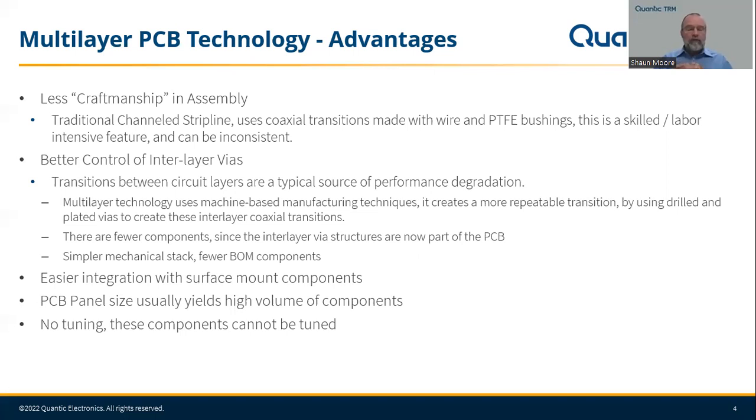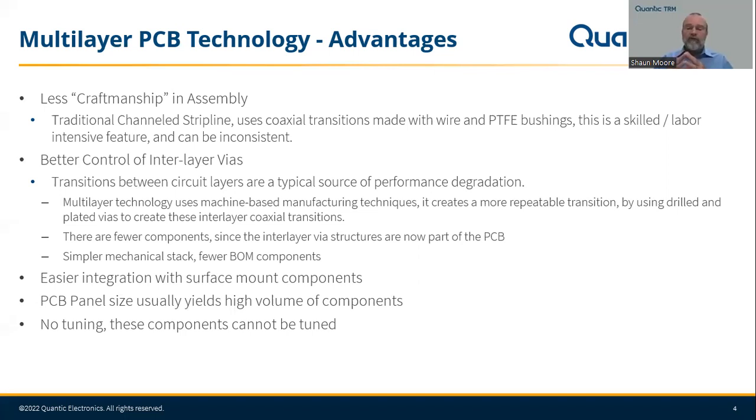Especially for the interlayer vias, traditionally in a multi-layer assembly that is not a bonded assembly, the transitions are made of wires. We have dielectrics made up of Teflon beads going through machined housings to act as transitions between these layers.